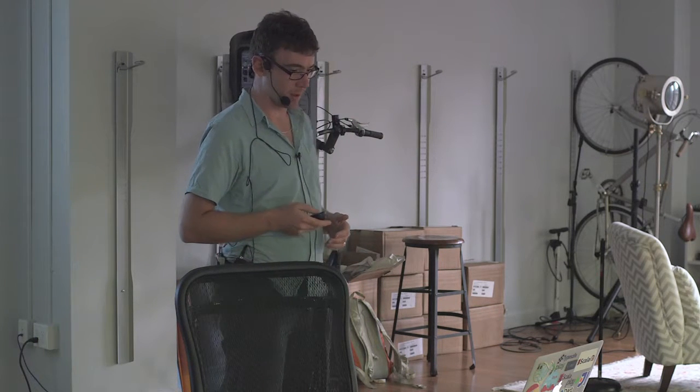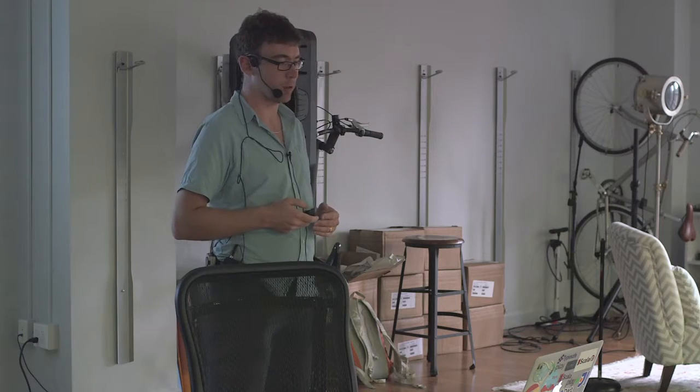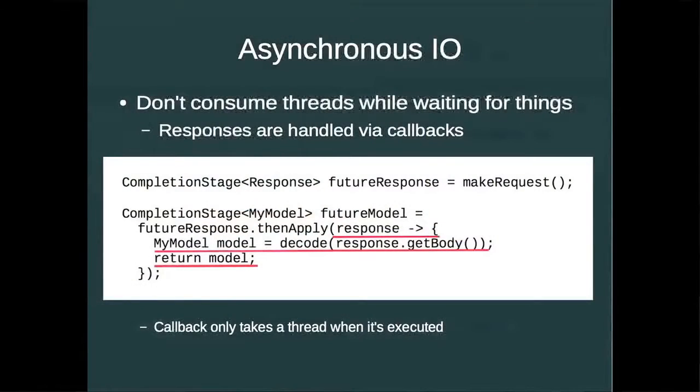So if we want to do something to this response, it's not available yet. We can't do it. Instead, what we do is we attach a callback to it. So you can see when I want to decode this response into some sort of model object, my model, I attach this callback using the thenApply method, which is another Java way of saying map.